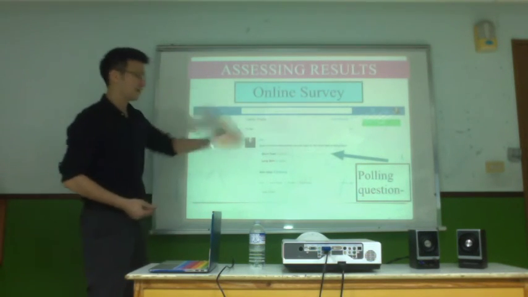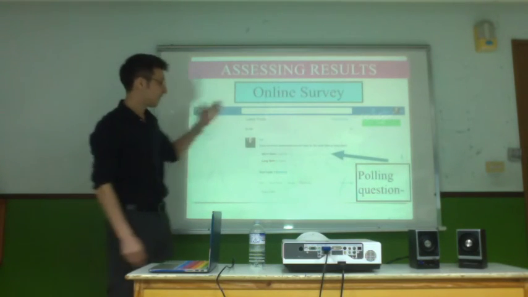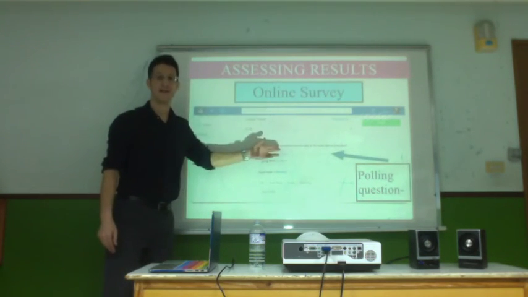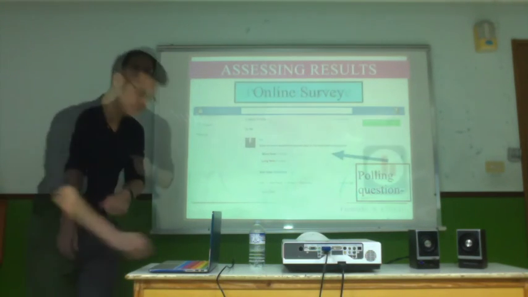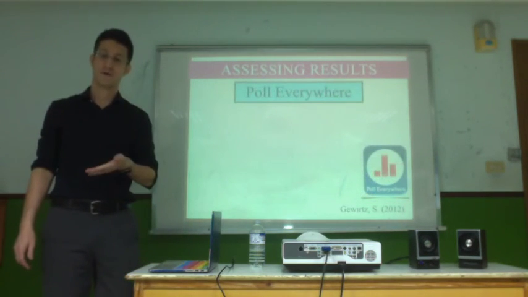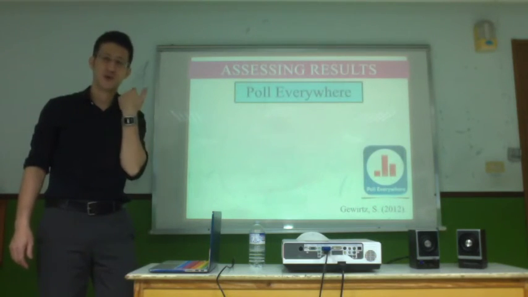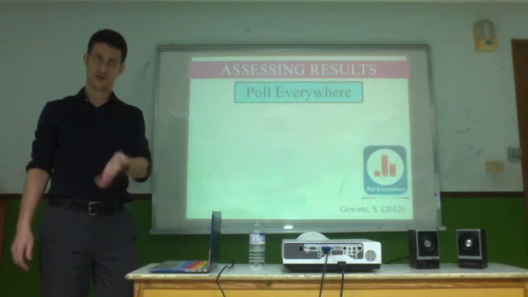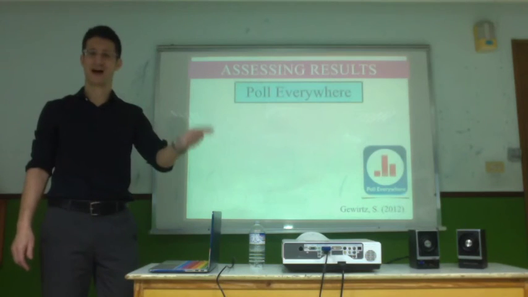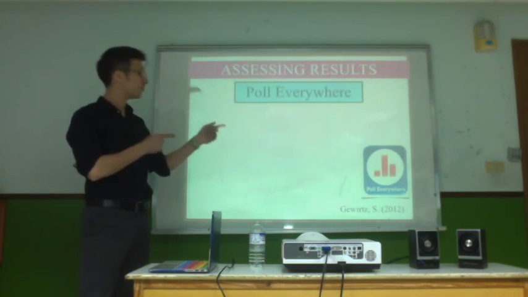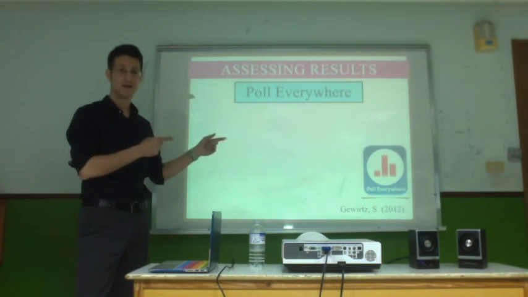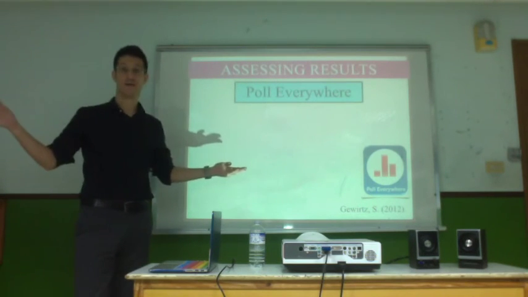Now, it doesn't need to be a simple question. It can be an audio example or video example, like we talked about before with the interactive technology. Online surveys are very helpful. However, you need to wait for the students to go home, log online, and complete the question. Poll Everywhere allows you to gather this data anywhere.